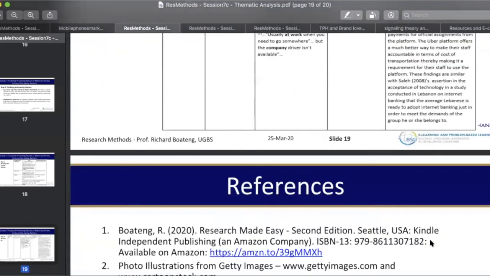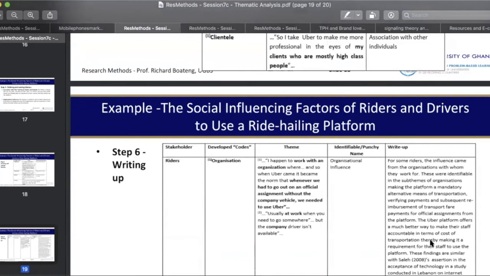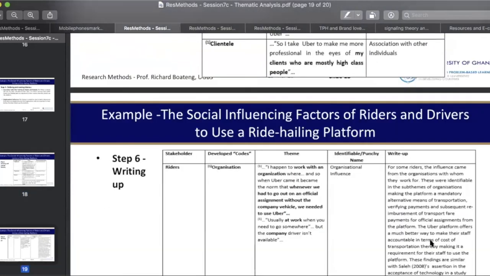So you have done the write-up in this particular sense. This is coming from somebody's thesis, but if I wanted to write, I would have said that from the study, I can see two types of influences. One, we can see organizational influence, and we can see another one, influence coming from peers.